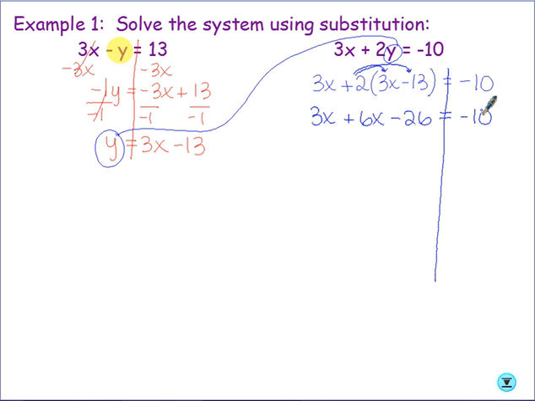After we distribute, we always combine like terms. 3x plus 6x is 9x minus 26 equals negative 10. Now we need to get x by itself, so we're going to add 26 to both sides. We get 9x equals positive 16. Now we're going to divide by 9.